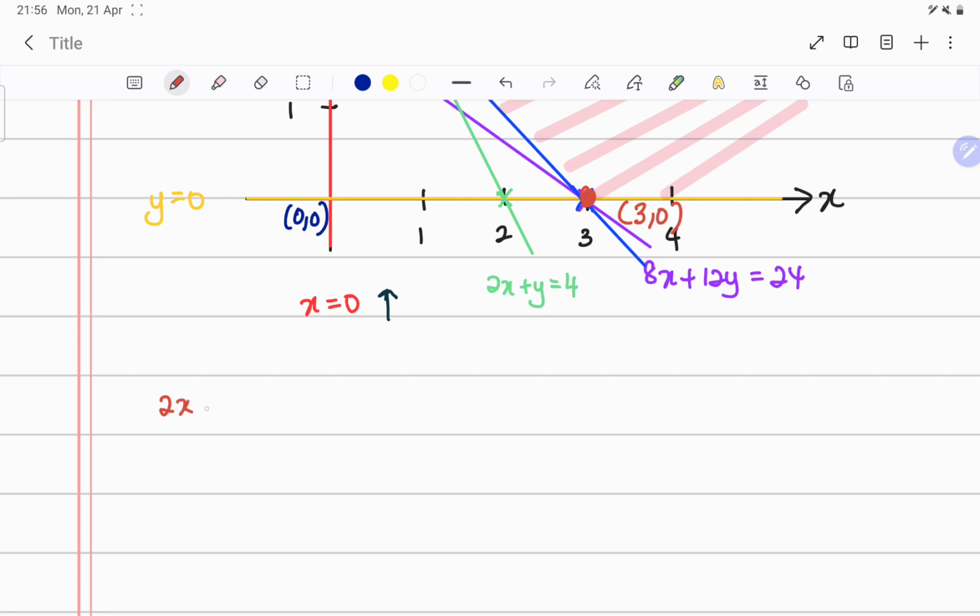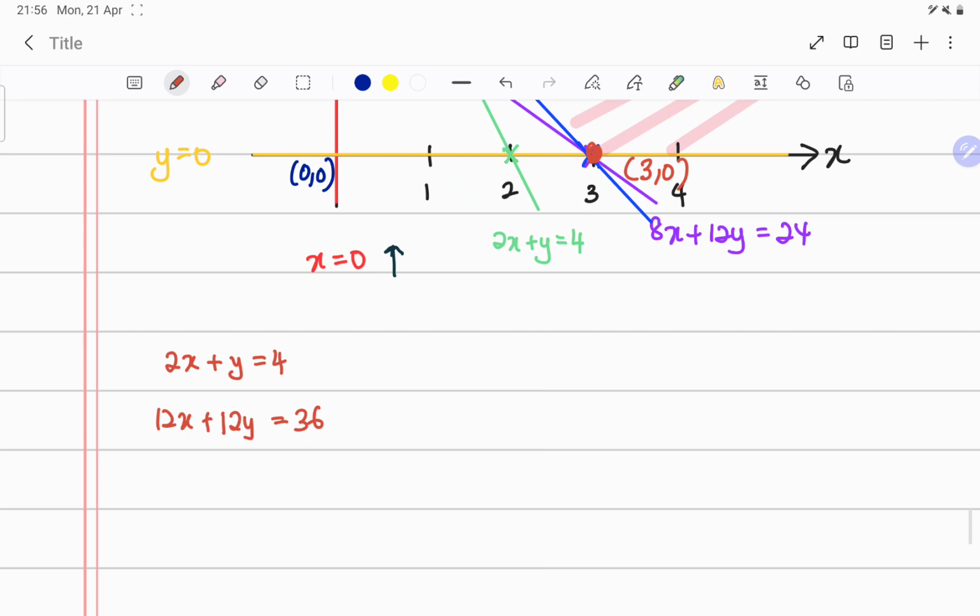So the green line is 2x plus y equal to 4, and the blue line is 12x plus 12y equal to 36. Okay, so what you can do is solve the simultaneous equation, or you can use your calculator to solve this one, to solve simultaneous equations also.